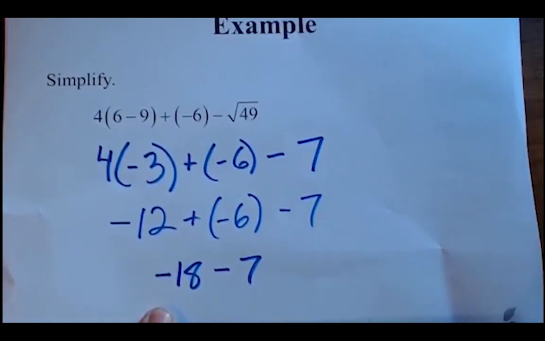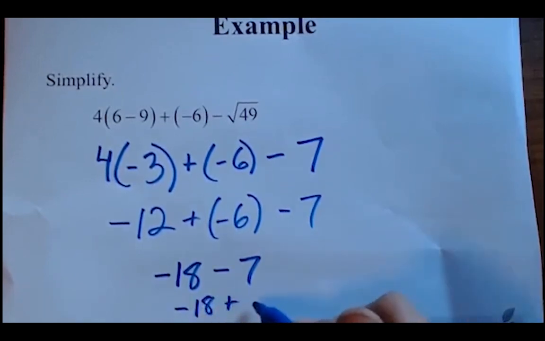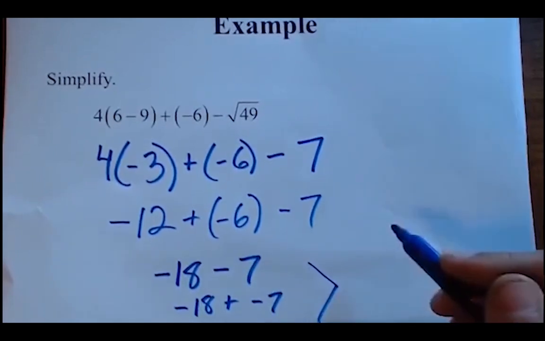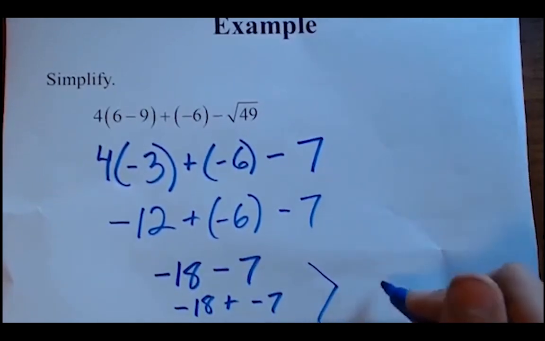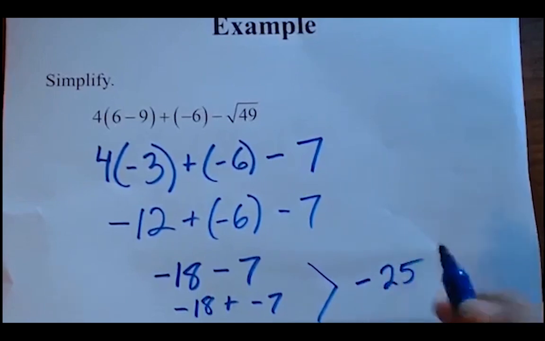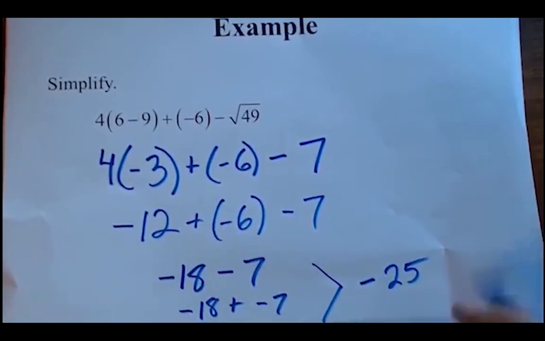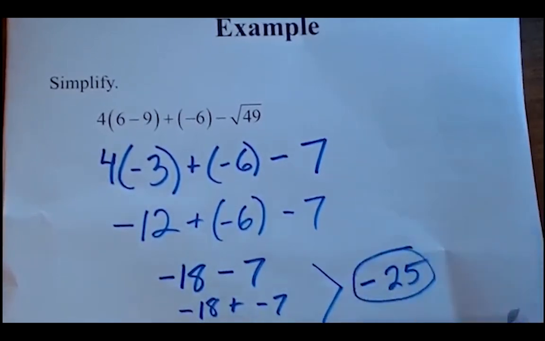We're getting more negative. We can also think of this as negative 18 plus negative 7. Either way, we're going to get an answer of negative 25. 18 plus 7 is 25. The numbers we're adding are both negative, so it's a negative 25.